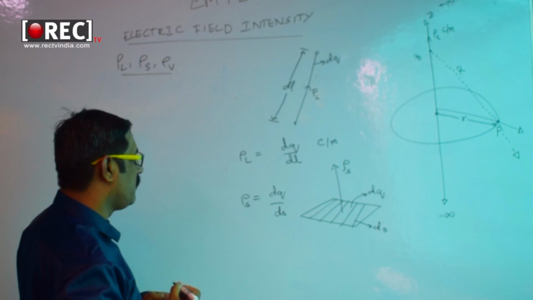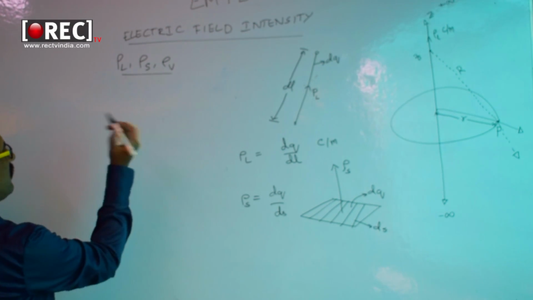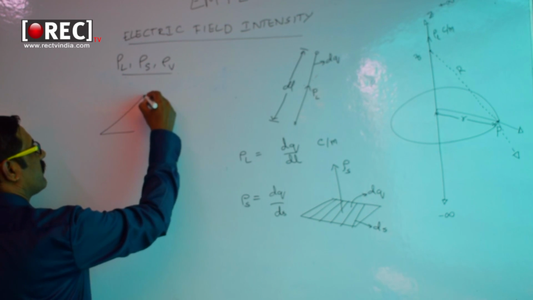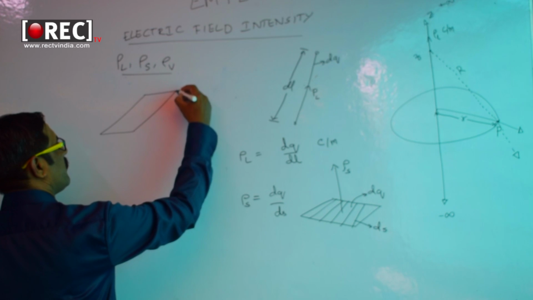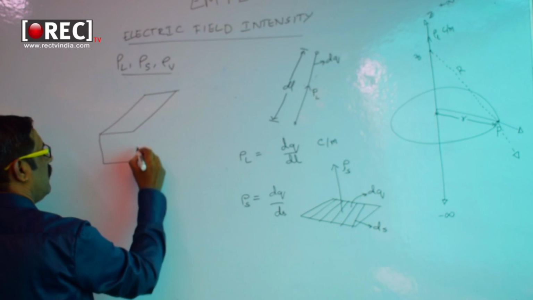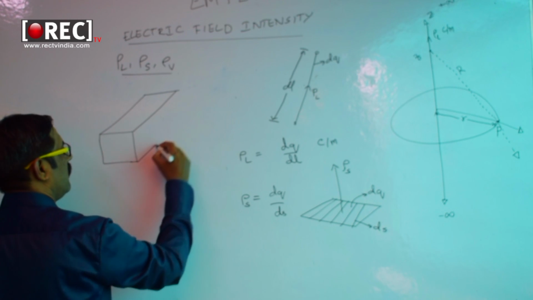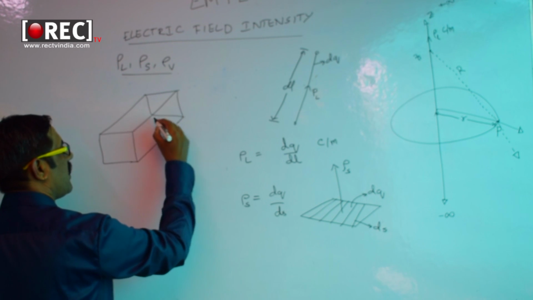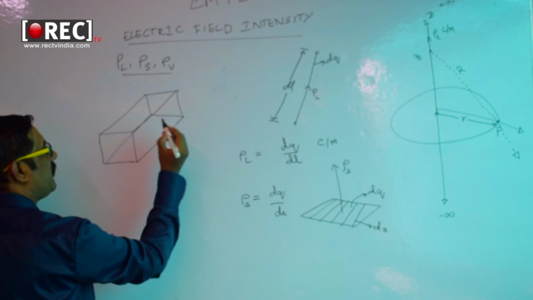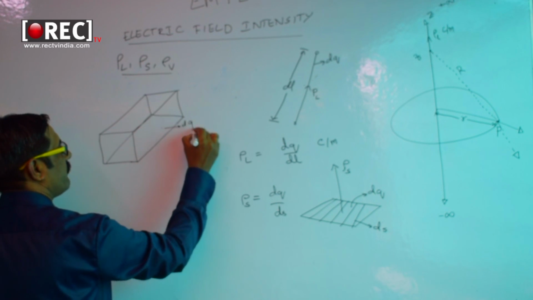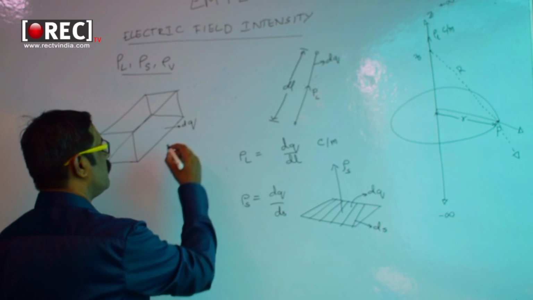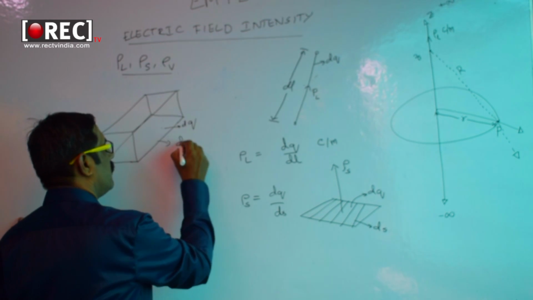Next, let me explain what is meant by volume charge density. Let me take the example of a box, which is a three-dimensional element, and in this box, let me say a charge of dq is stored, and let me say its volume is dV.